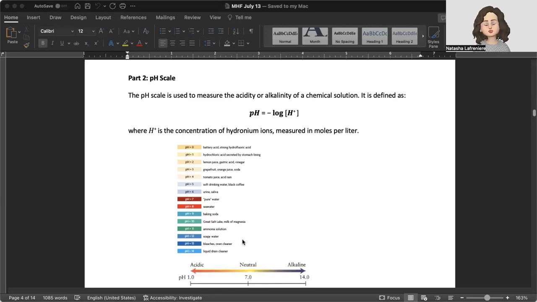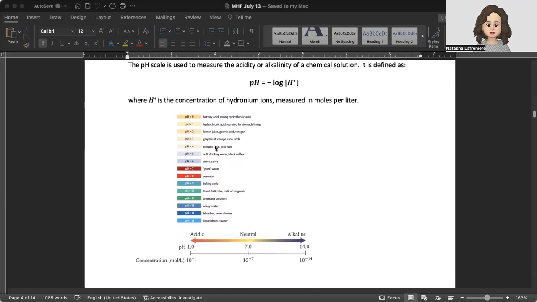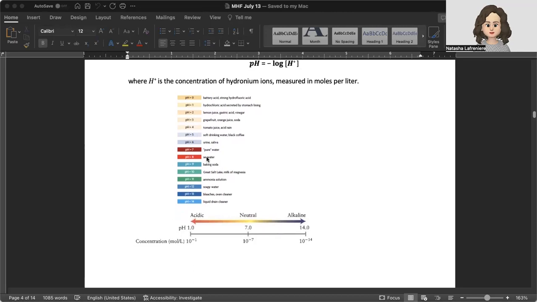Okay. So when our pH is 0, it's an example of like battery acid. pH 1 would be like your stomach lining. pH 2 is lemon juice and like gastric acid and vinegar. 3 is grapefruit, orange juice, soda. 4 would be like tomato juice or acid rain. 5 is soft drinking water or black coffee. 6 is like your urine and your saliva. 7 is pure water. 8 would be seawater.